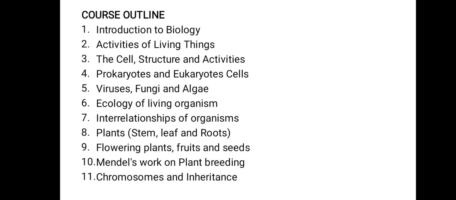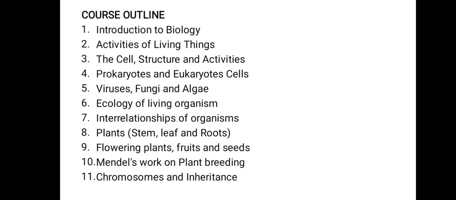And in unit 10, we'll talk about one of the great scientists' work, and that is Mendel's work on plant breeding. Under that heading, you'll be taught about types of breeding, and then we'll proceed to unit 11, which is the last unit in the course Bio 101 this semester.